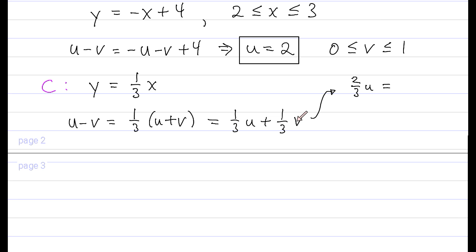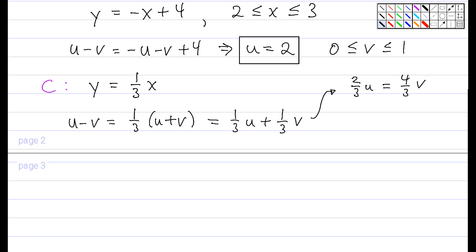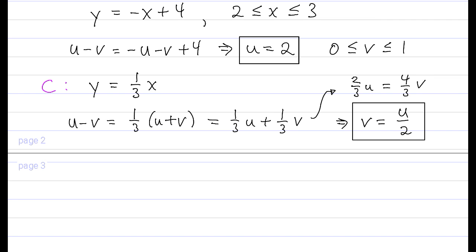That gets me 4/3 v on that side. Okay, so let's solve for v. Just multiply both sides by 3/4, and I get v is equal to u over 2. So this line, y equals 1/3 x, corresponds to v is equal to u over 2.